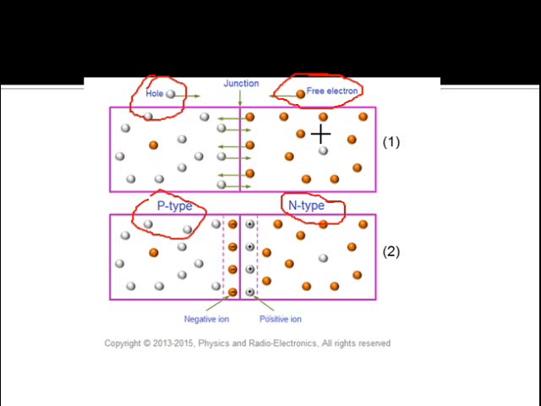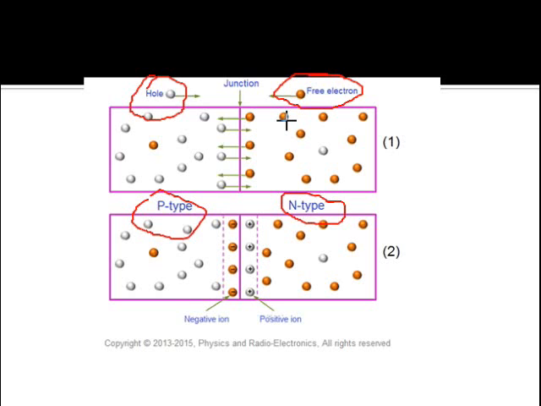When these two are connected to each other, they form a p-n junction. At that junction, the electrons will try to cross because of the extra electrons and holes present.